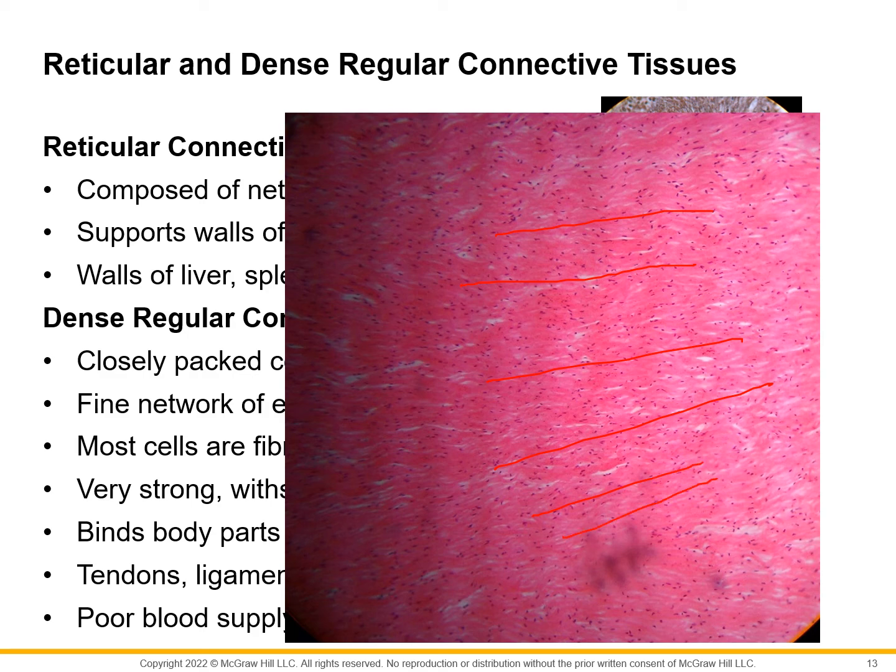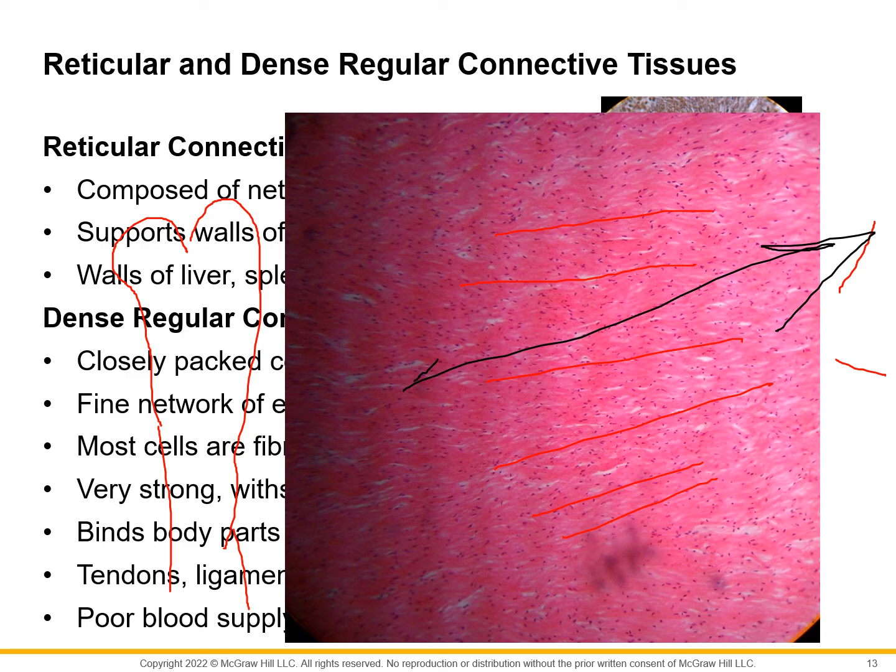And what's happening is, over here would be a bone. Again, I probably should change color so it looks like that. Almost looks like a little heart. This will be a bone, and over here will be a muscle. And the muscle is going to pull. When it contracts, it's going to pull in one direction. And so these fibers just need to be strong in this direction, and so they line up in that direction. It allows the tissue to be as strong as it possibly can in that direction.